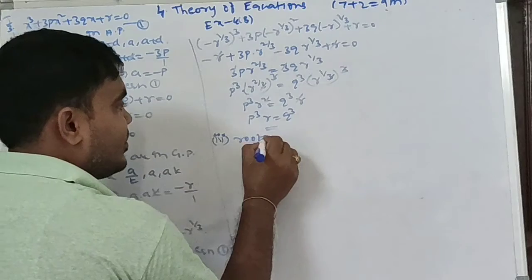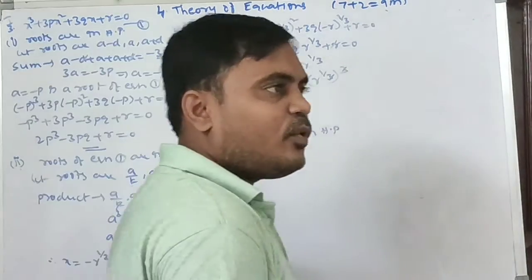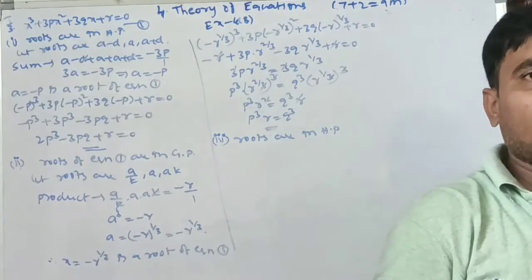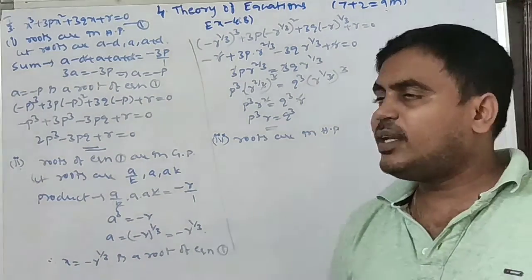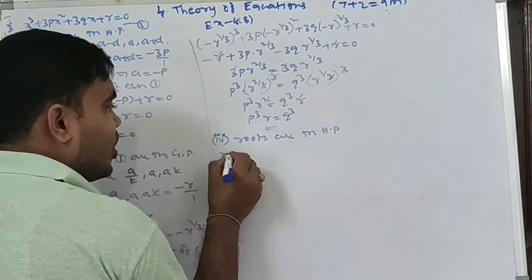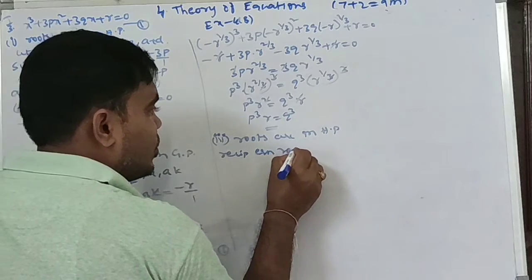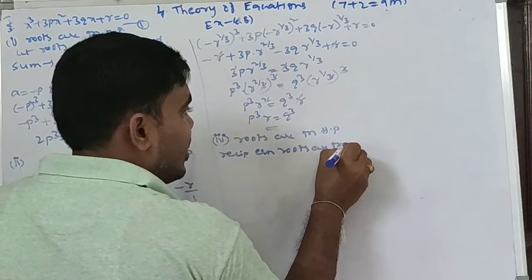Roots are in HP. HP means harmonic progression. If roots are in HP, then the reciprocal equation roots are in AP. So I want to take the reciprocal equation. Reciprocal equation roots are in AP.